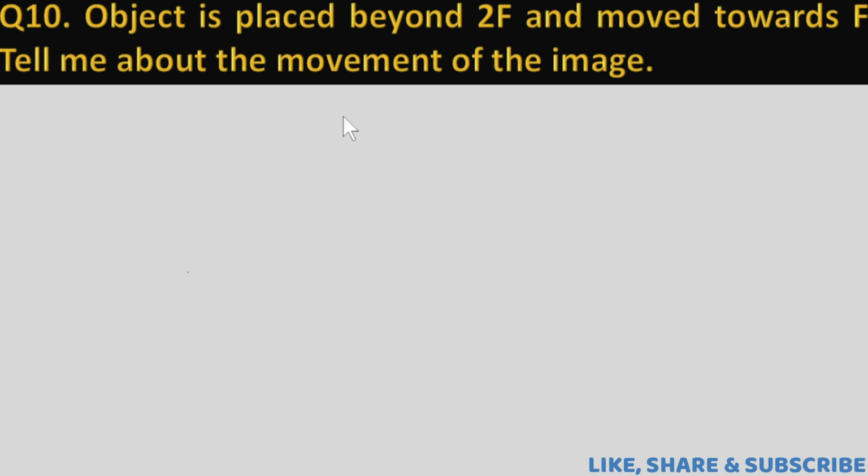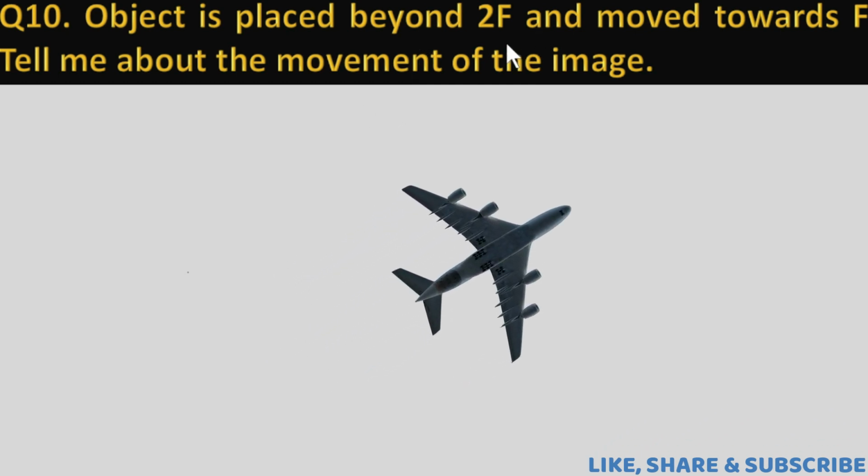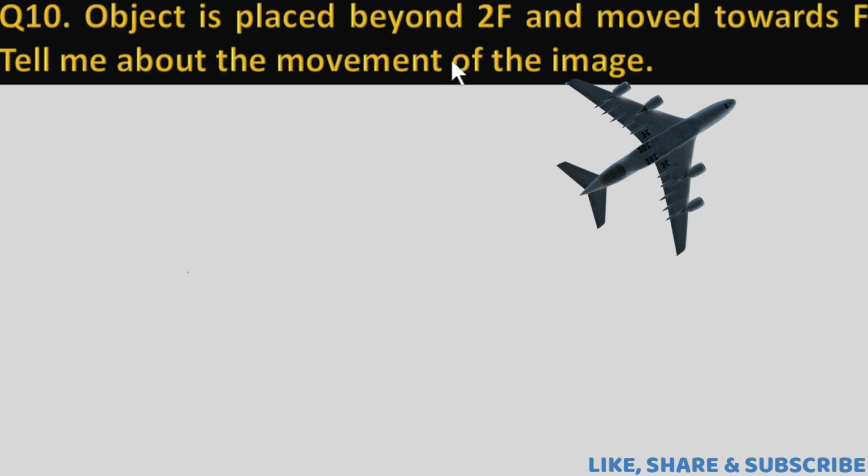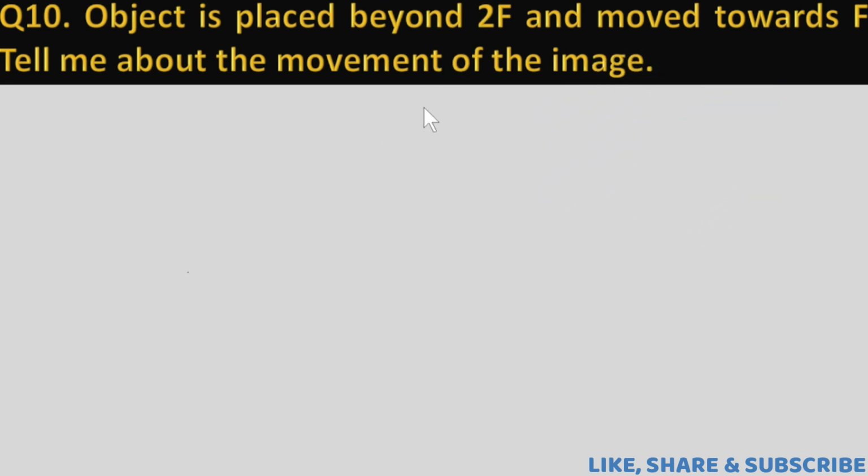Next question for you is, the object is placed beyond 2F and moved towards F. Tell me about the movement of the image. Yes, this question is for the case of convex lens. So here is the convex lens. This happens to be its principal axis.